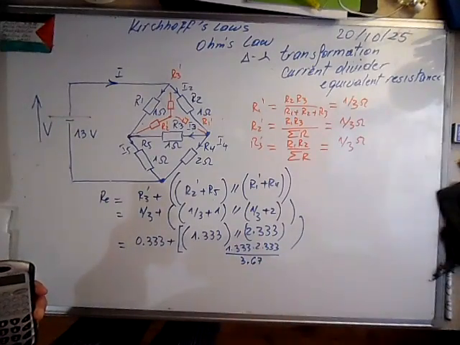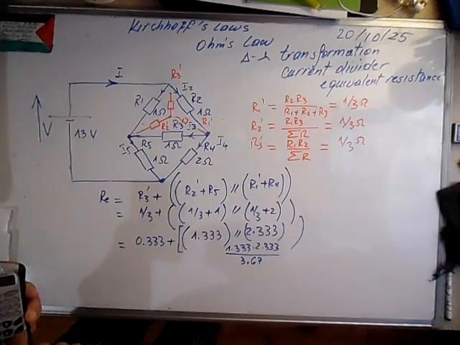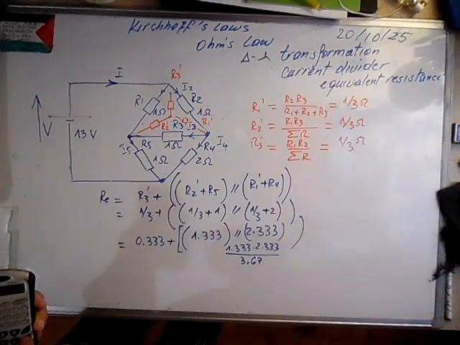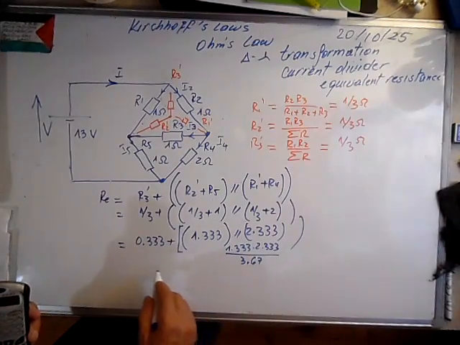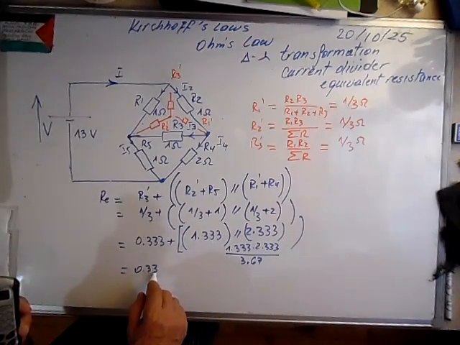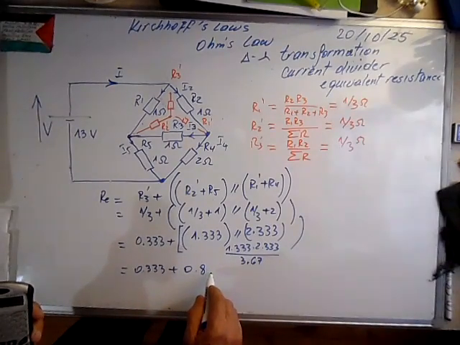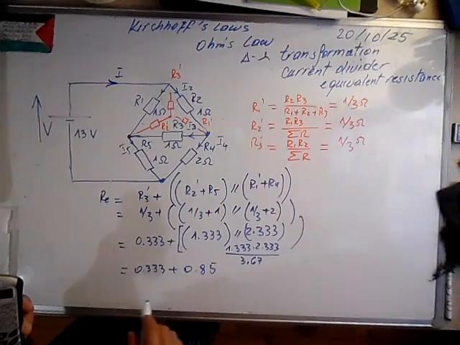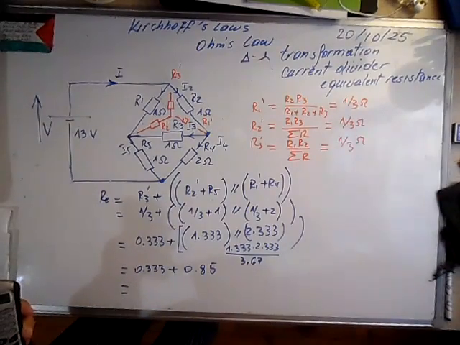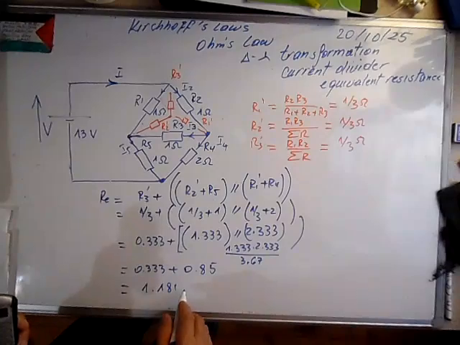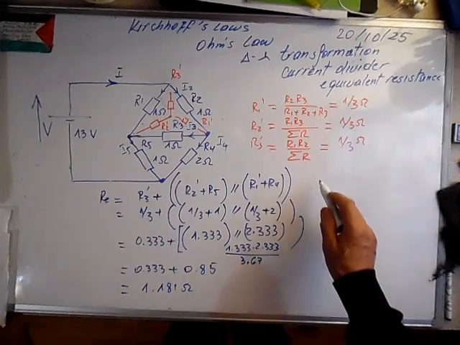It means 1.333 times 2.333 divided by 3.67. This is 0.333 plus 0.85. So it means plus 0.333, we have 1.18 ohms.